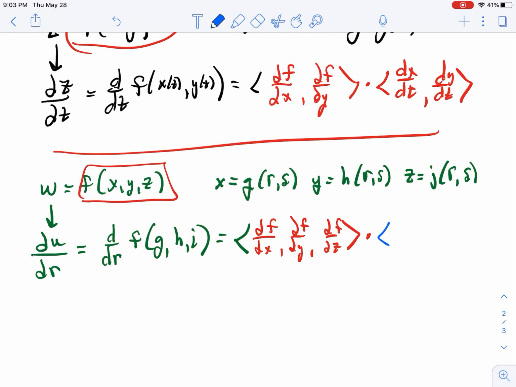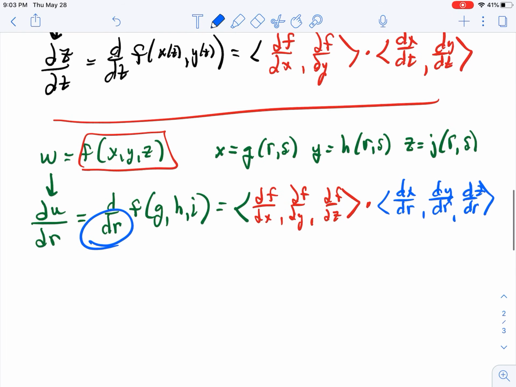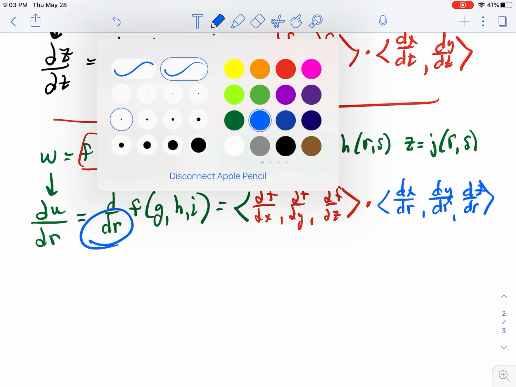Okay. Now, what are you going to do the dot product of? Okay. Well, since we are doing it in terms of r, I'm going to do dx according to dr, then dy according to dr, and dz according to dr. Okay.